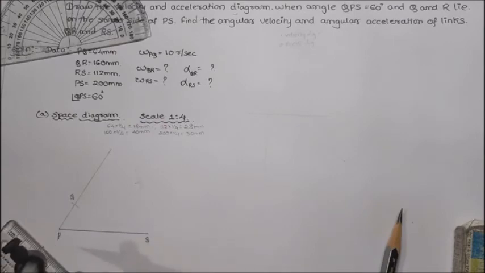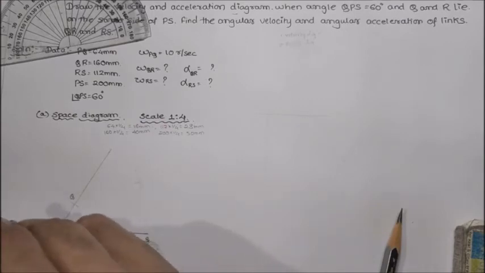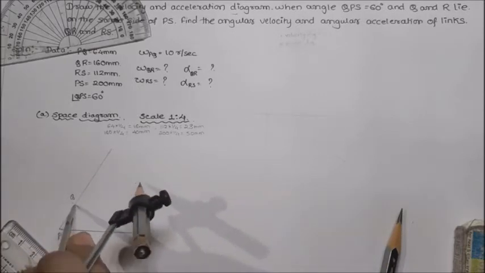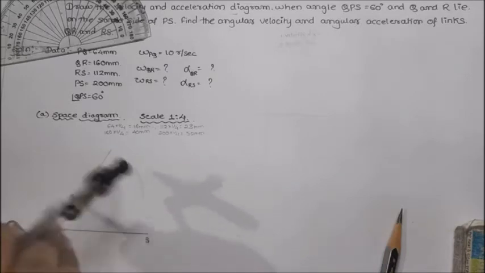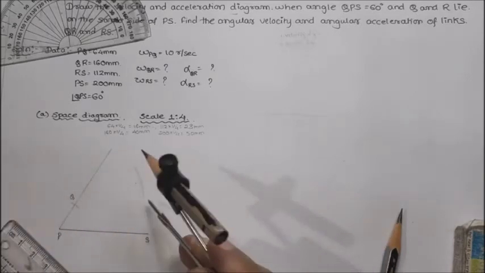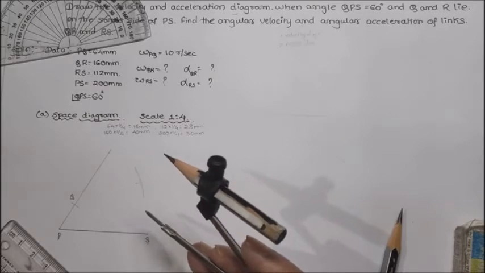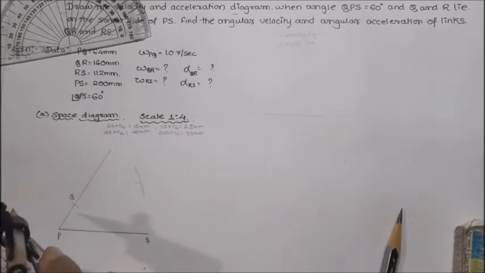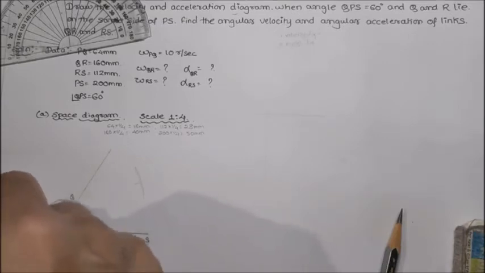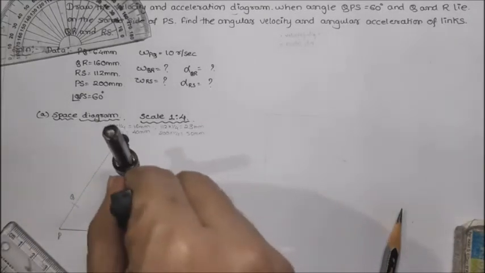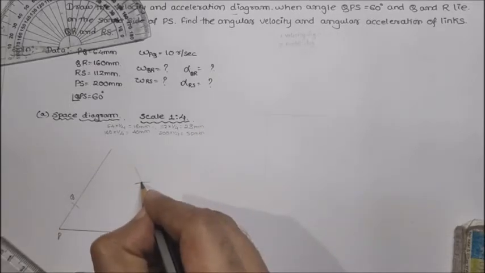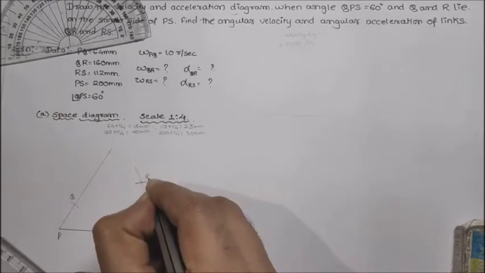So measure 40 mm on the scale, keep it at Q and cut an arc. Then we require to find out RS. RS equal to 112, which means 28 mm. So measure 28 mm, keep it at S and cut an arc. So we got a point here. The point here is R.